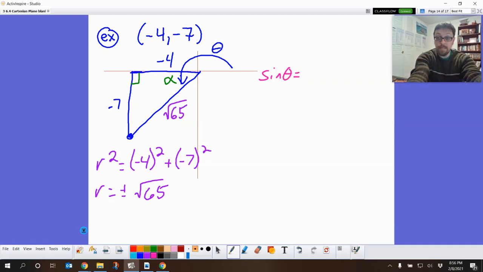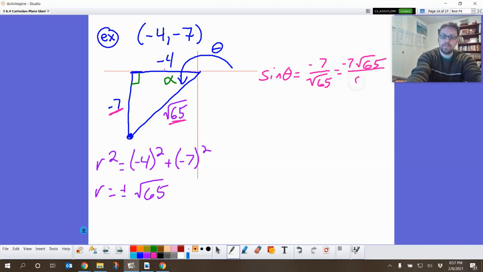All right, now it's going to be the same tricks that we were doing before. So the sine of our theta is going to be our opposite over our hypotenuse. So -7 over the square root of 65. Simplify that, we get -7 square root of 65 over 65.